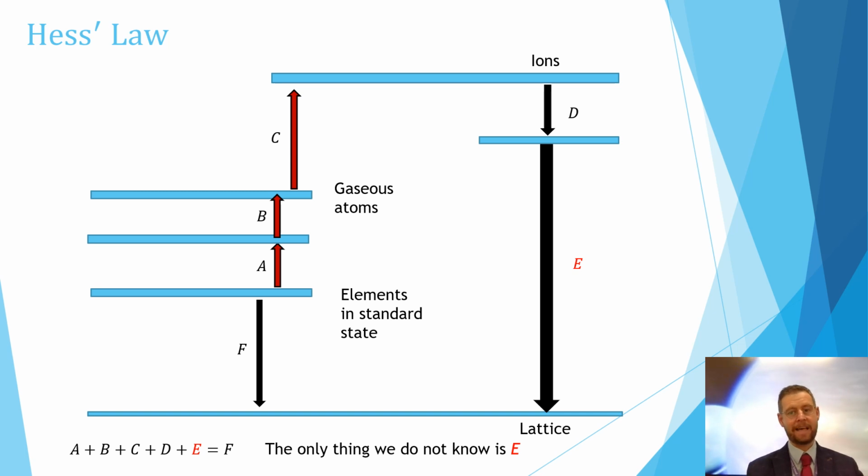And bearing in mind that F, D and E are all going to be negative, this would still work as long as we add those negative numbers. The only thing we do not know is E, which is the enthalpy change of lattice formation. So, though the understanding of everything we've done so far is quite complex, the next stage is really straightforward. We need to just plug in the numbers.